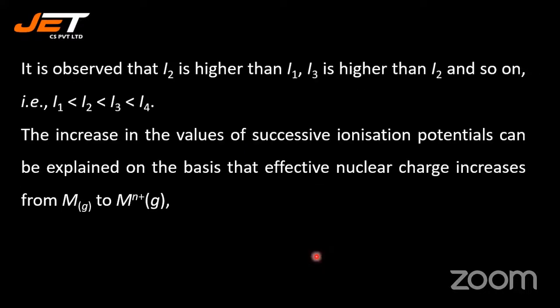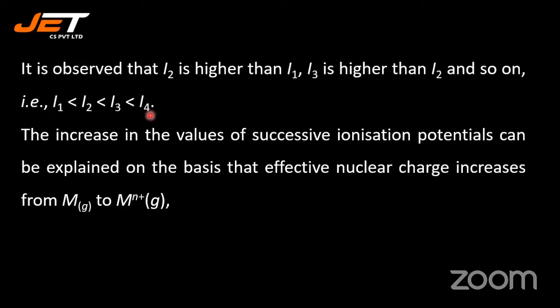So it is observed I2 is higher than I1. So basically this is the rule: I4 is maximum, then I3, I2, I1. Why? Because remember, the amount of energy used by a metal to remove the most loosely bound electron is present in the outermost shell only. As we move inner, the Z star and the force of attraction also increase, so more energy has to be spent.